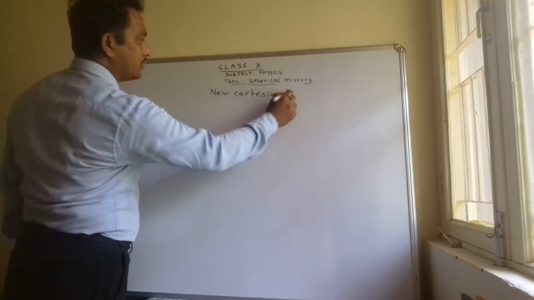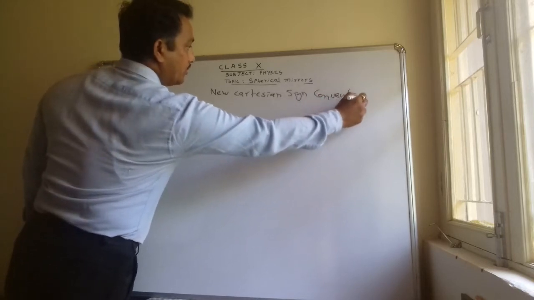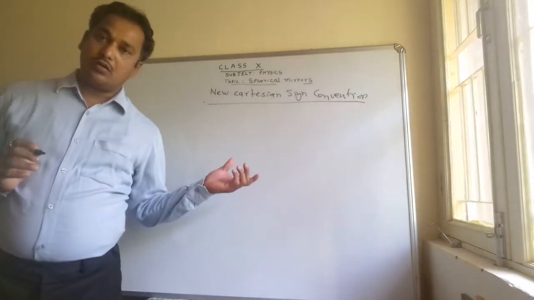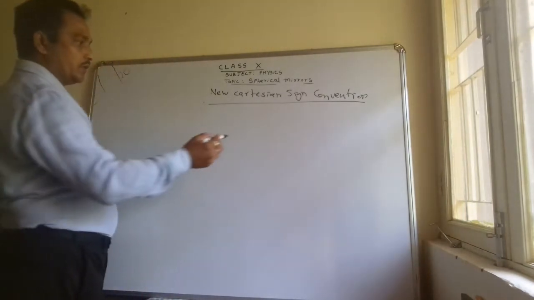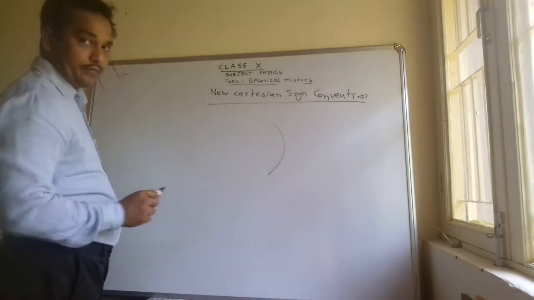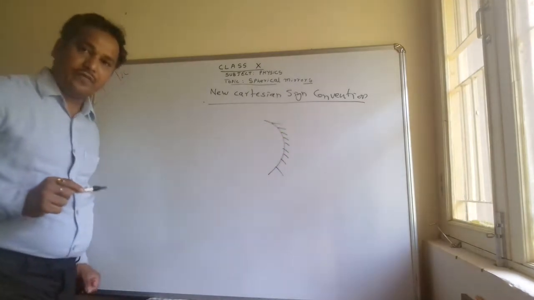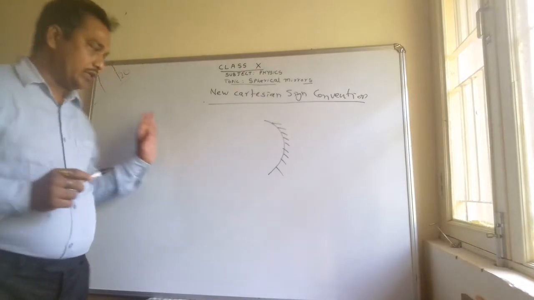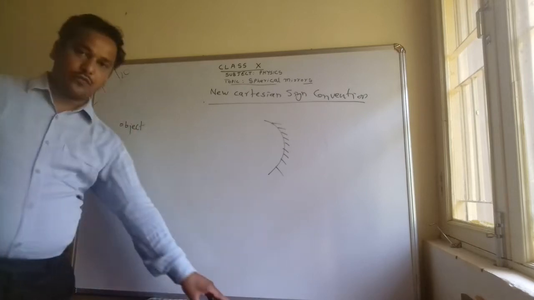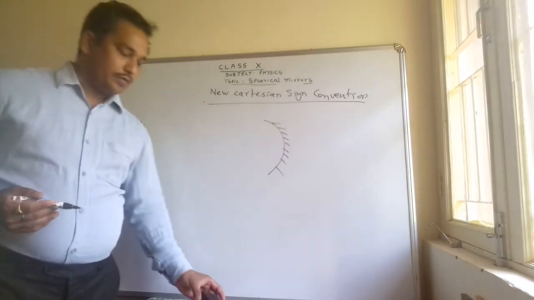The new Cartesian sign convention is very helpful to know the plus or minus sign when you solve numericals based on spherical mirrors. So here, for example, this is a concave mirror because its outer side is polished and the inner is the reflecting surface. Always we will keep the object on the left-hand side. Any object, for example, this is an object we are placing on the left side of the mirror.